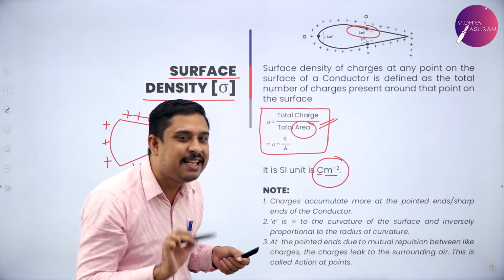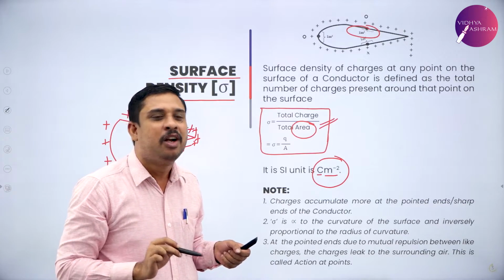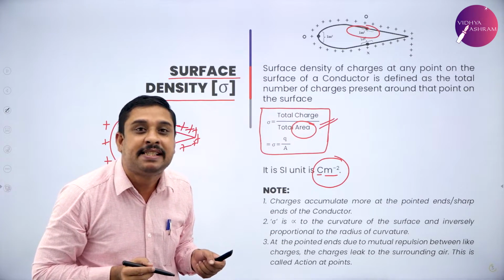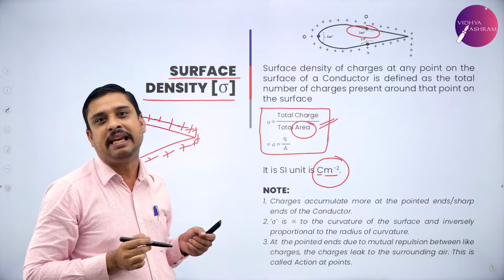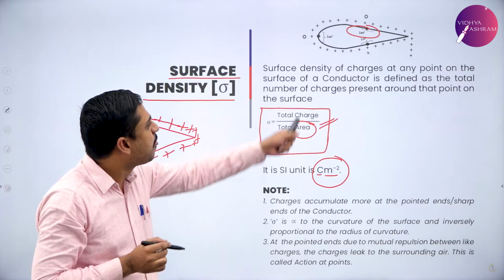Then what will you consider? 1 meter square area around that. Total charges present there is what is called surface density. Now, watch the consequences here.